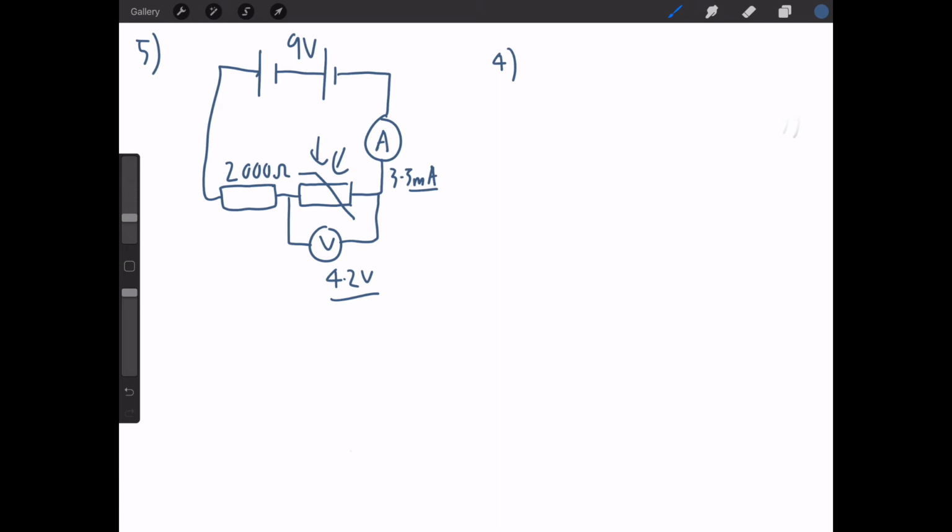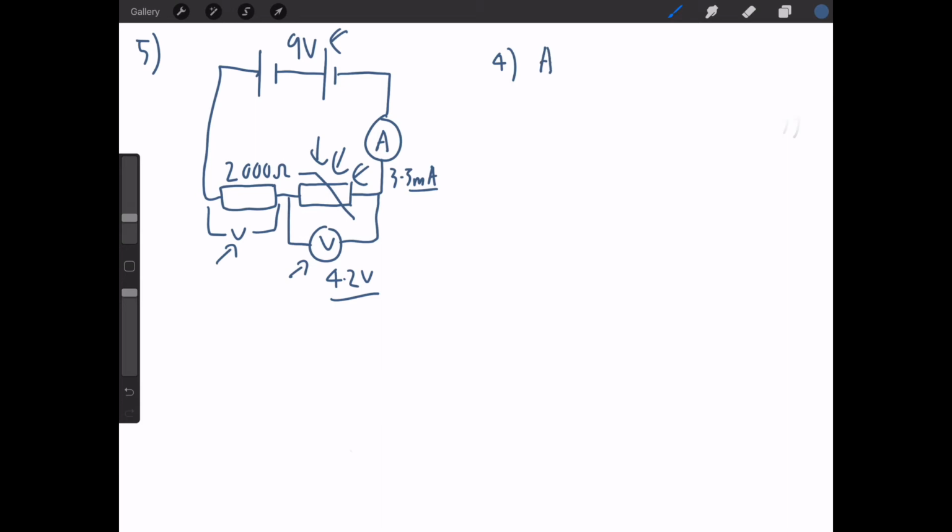But we're talking about when it gets colder, so the resistance is going to increase. Now, if I get a bigger resistance for the thermistor, then I'm going to get a bigger voltage dropped across it, and I would actually get a smaller voltage dropped across there. Remember, the sum of this one and this one must equal 9 volts, but we can have any sort of combination. I could have 1 and 8, I could have 4 and 5, whatever you want.